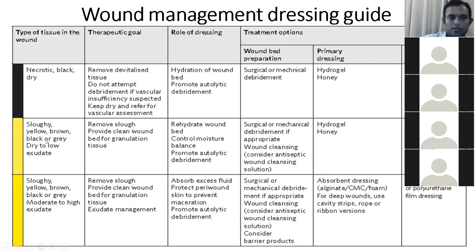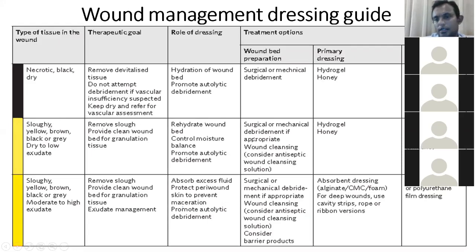Then slough, dry to low exudate. We need to remove slough, provide a clean wound, granulation, and rehydrate the wound, control moisture, autolytic debridement. So again, hydrogel and this stuff, but none of those are superior, even in necrotic or sloughy circumstances.